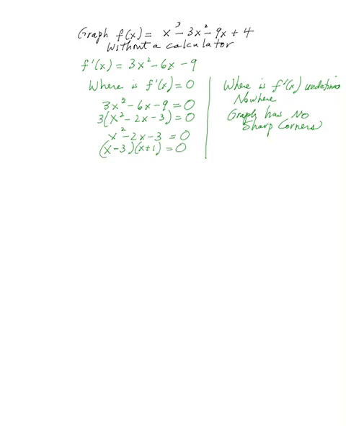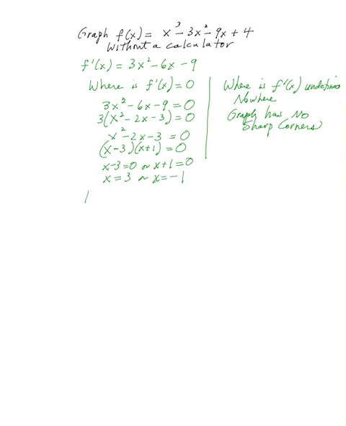If you multiply two numbers and get 0, you know one of those numbers has to be 0. Just think about it. If you've multiplied two numbers and the result was 0, then one or both had to be 0. So this tells me x minus 3 is 0, or x plus 1 is 0. So that tells me x is 3, or x equals negative 1.